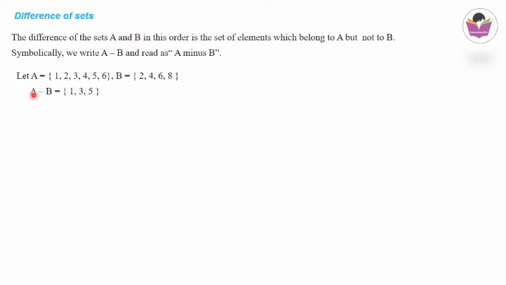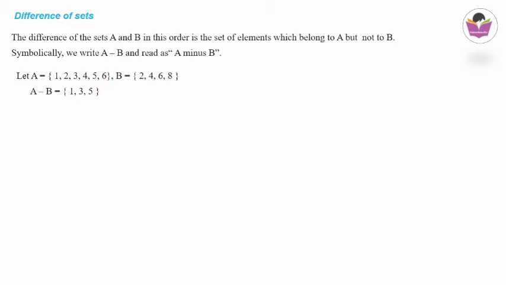First of all, let's discuss A minus B. A minus B means the elements which are there in A but not in B. So when you check, 1, 2, 3, 4, 5, 6 are the elements of A, and B is 2, 4, 6, 8. 1 is there in A but not in B, so 1 is an element. 2 is there in both, so it will not be considered. 3 is there in A, not in B, so 3 will be coming. Next, 4 is there in A and B, so we will not take it. Then 5, when you check, is there in A but not in B, so 5 will be taken.